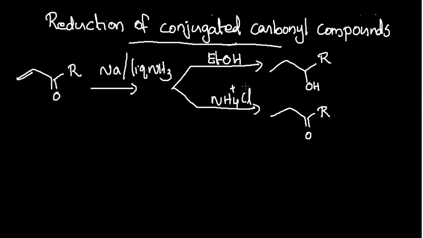Whereas if the proton source is ammonium chloride, it will give a ketone. That is a saturated ketone, not conjugated. So here the reduction takes place at the double bond only, whereas in the presence of ethanol, reduction takes place in both the double bond and the keto functional group.